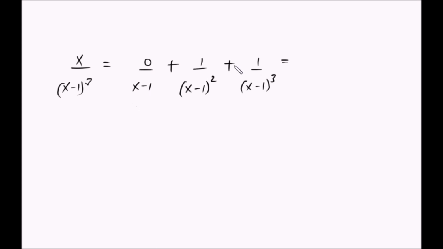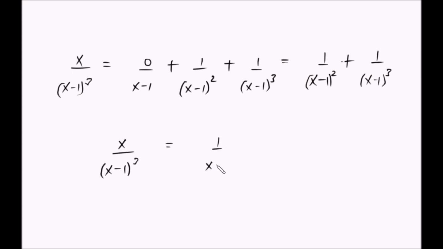Anyway, 0 over huyu ni 0, achana nayo. So ukipartialize ni hivi tu, 1 over x minus 1 squared plus 1 over x minus 1 cube. So let me write it down here. So tumeona kwamba nikipartialize huyu, jibu langu ni huyu.